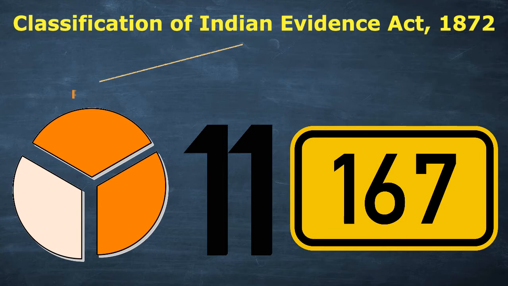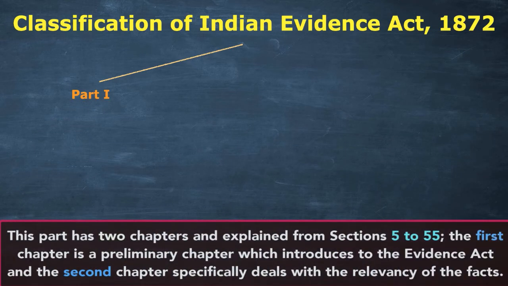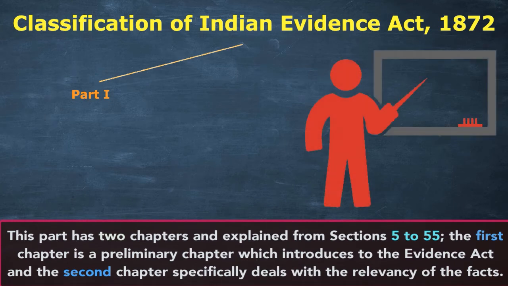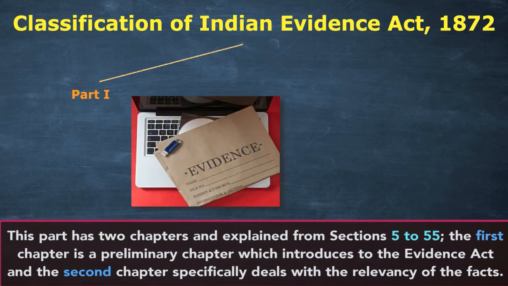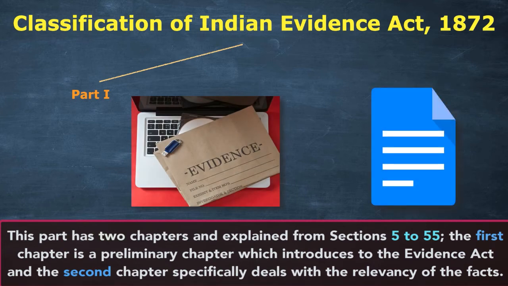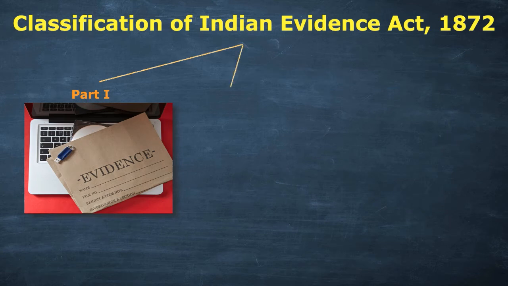Part 1 has 2 chapters and covers sections 5 to 55. The first chapter is the preliminary chapter, which introduces the Evidence Act, and the second chapter specifically deals with the relevancy of facts.